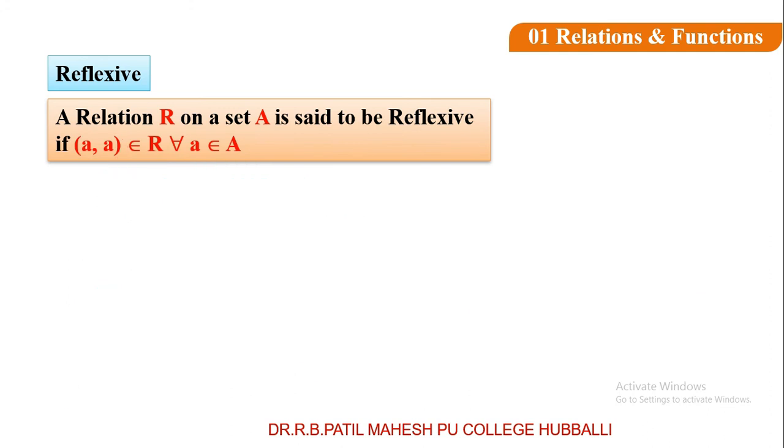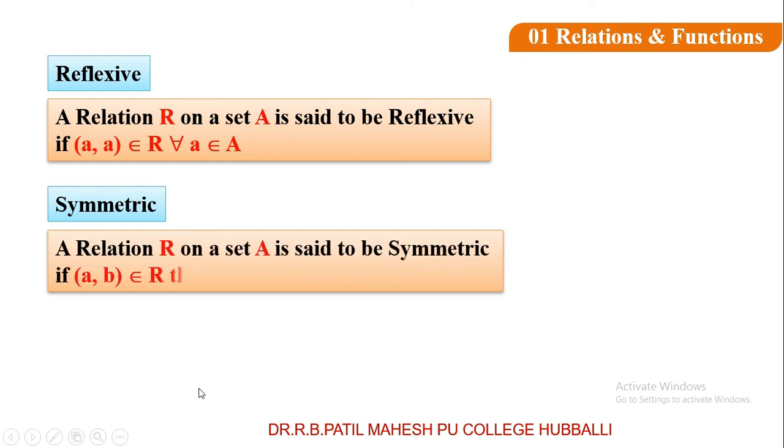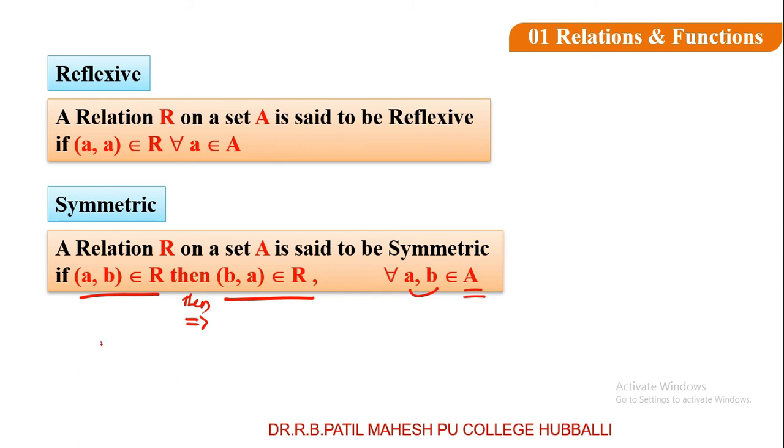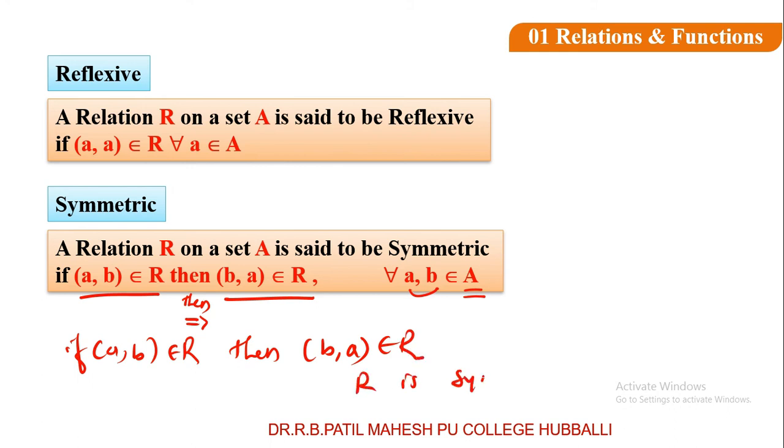Now we'll go for symmetric relation. Definition: a relation R on a set A is said to be symmetric if AB belongs to R, then BA belongs to R for every AB belongs to the set A. It means that if AB is there in the relation R, then you must have the reverse, B comma A, also in the relation R. Then only the relation is called a symmetric relation.